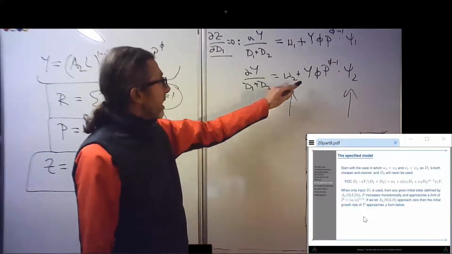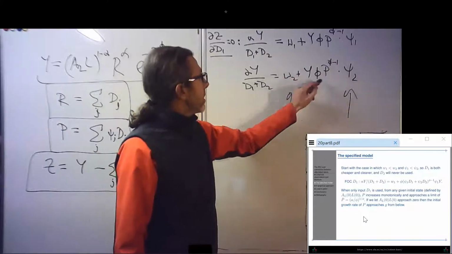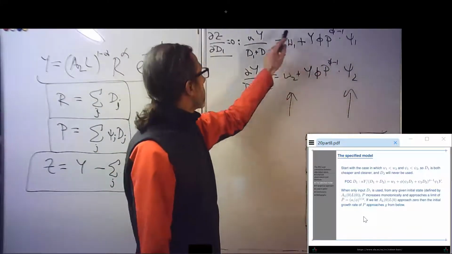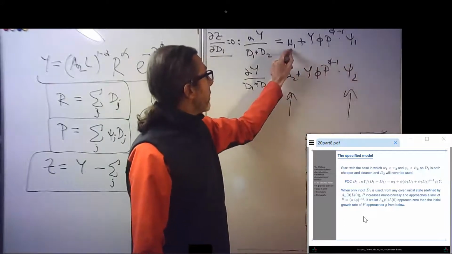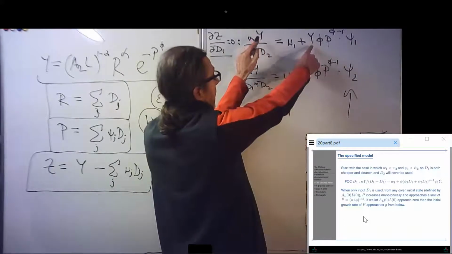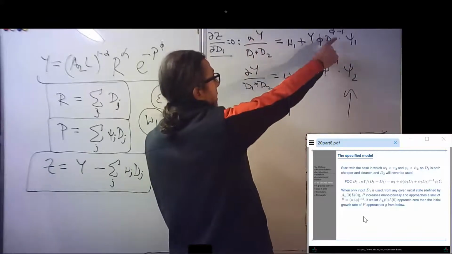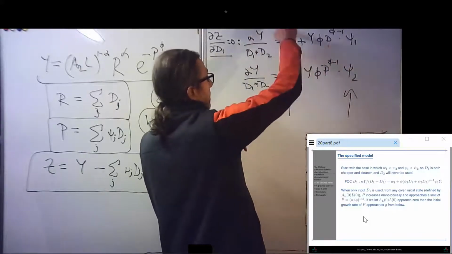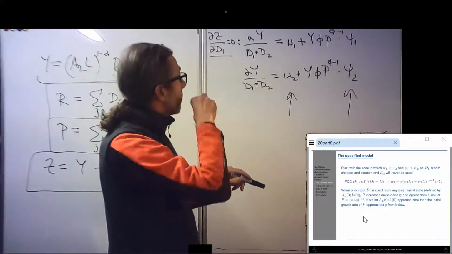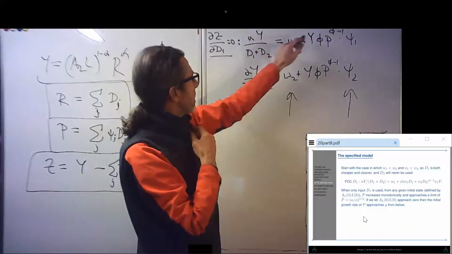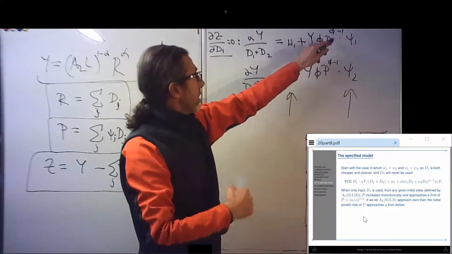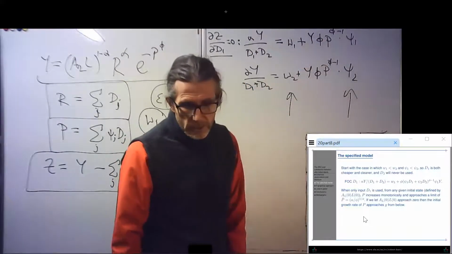But when y gets big, this gets big compared to this, and we can cancel the y's, and instead we have that p to the phi minus 1 is constant. And we need to convert this up. We end up with p is constant.